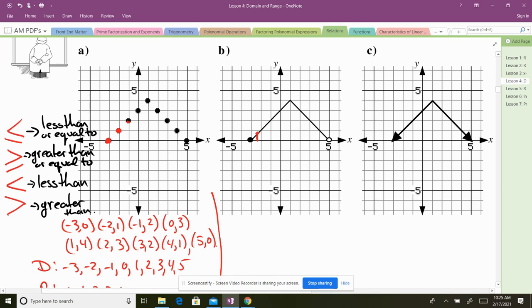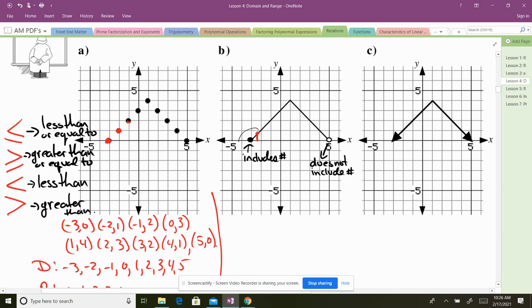Another thing, look at this solid dot here. This means it includes the number. This is an open circle, which means it does not include the number. So this has coordinates of -3 and 0, sorry.